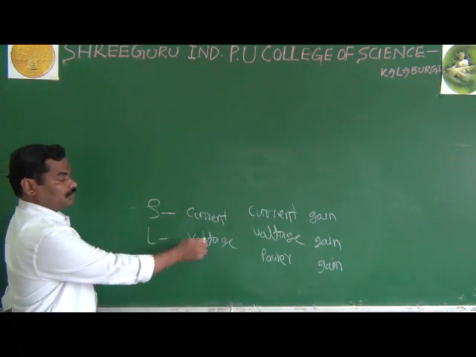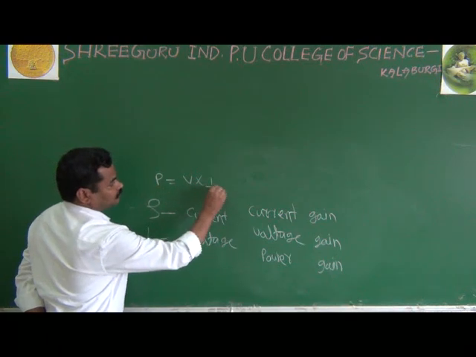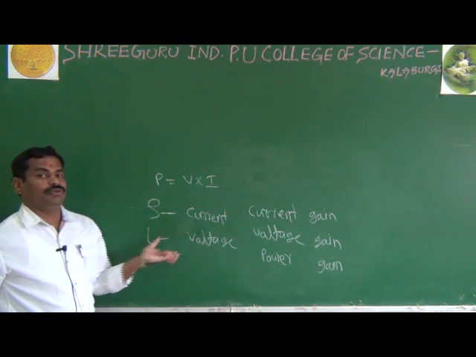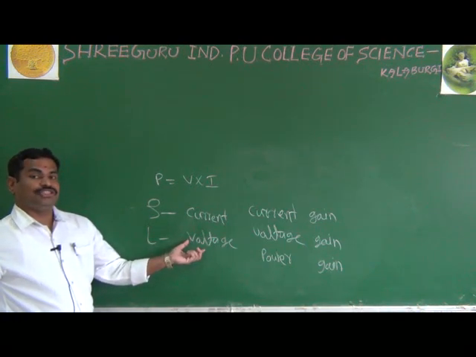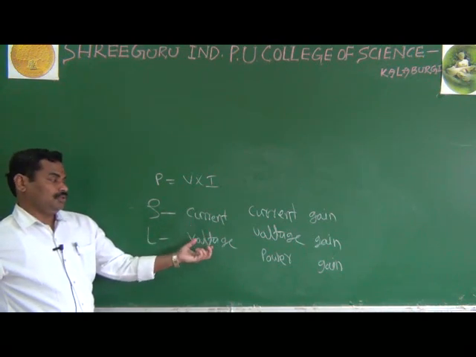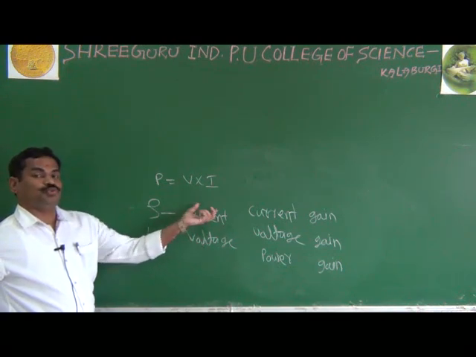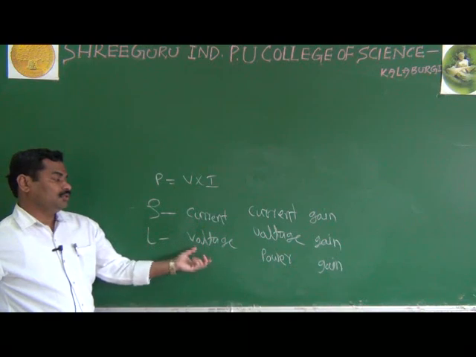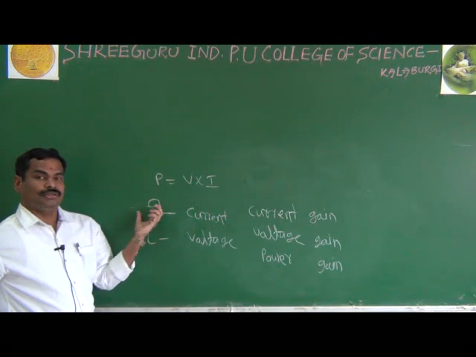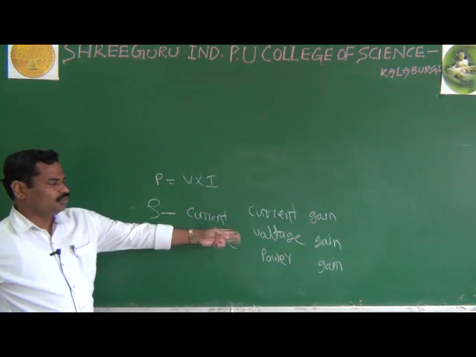Power is the product, P is equal to V into I. I said the lecturer is the voltage because voltage is some energy, and that energy will get the current. The lecturer has some information, and that information is useful for the students. That's why I said voltage is the lecturer and current is the students. It is just an example, not literally true, to simply understand current, voltage and power.